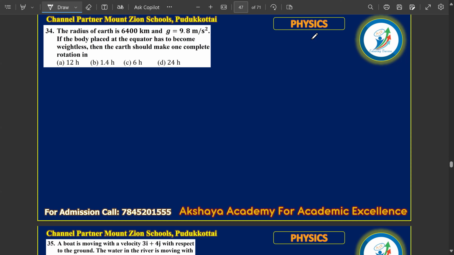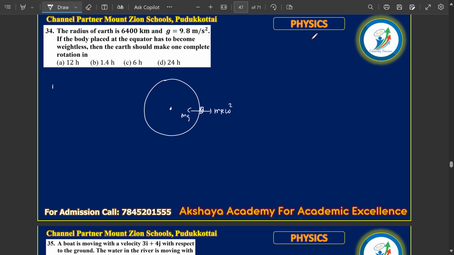Now let us assume this is the Earth whose radius is 6,400 kilometer, and a body is at the equator. If it has to feel weightlessness, then its weight, mg, must be balanced by the centrifugal force, that is m v square by r, or m r omega square.